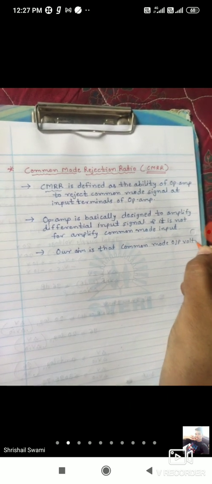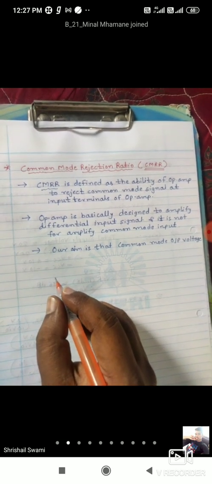Our aim is that the common mode output voltage should not appear at the output due to the common mode input.